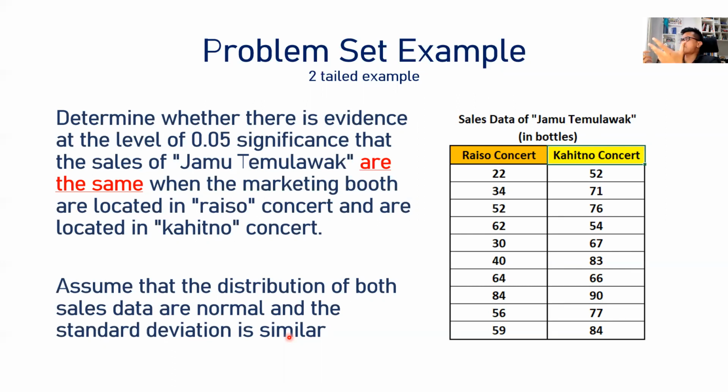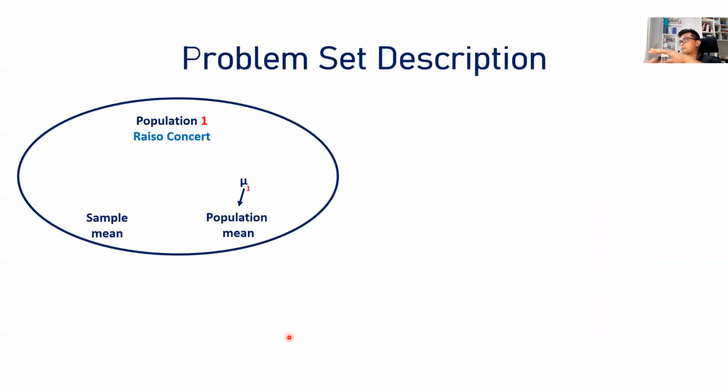The claim, the first guess, is that the number of sales at the Raiso concert and the Kahitno concert are similar. That is the claim, and that's what we have to verify through this t-test. We have the whole sales data from the Raiso concert, with a specific population mean.